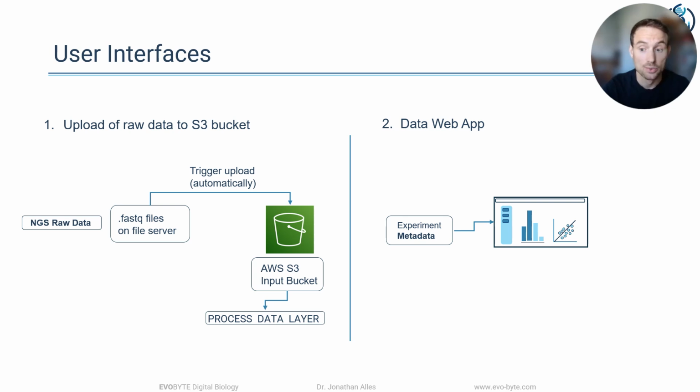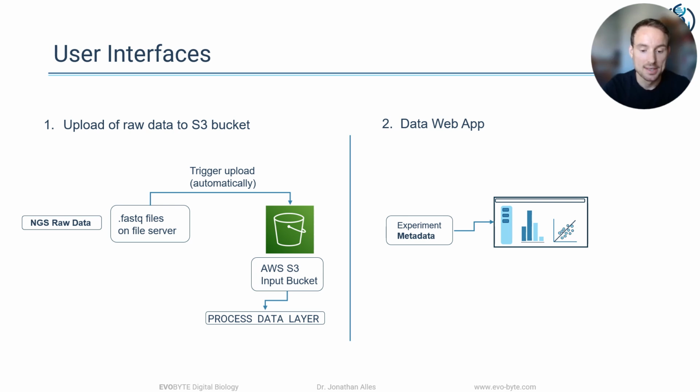And what we would need to do now is basically upload those FASTQ files into an input bucket. So this is basically an AWS S3 bucket, some sort of folder in the cloud in which we upload the FASTQ files.